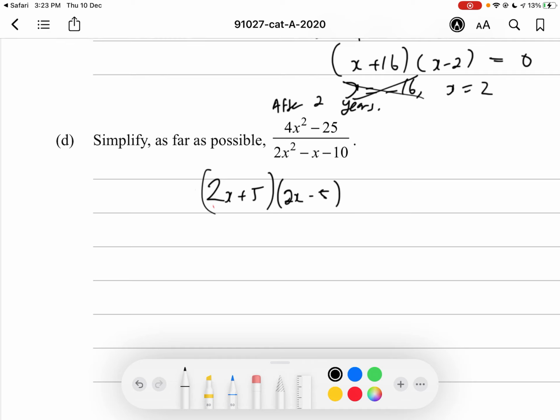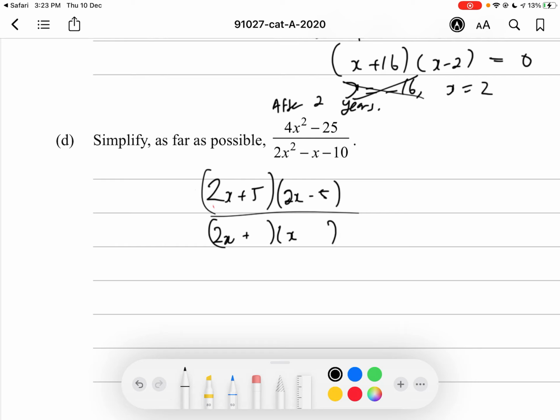Okay, so we see this here, all over. So if we try to factor this one out. No, it's not. So what am I doing?